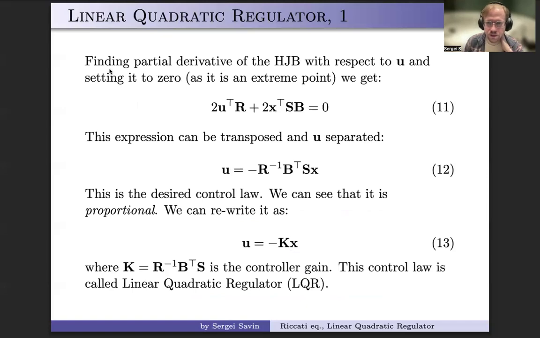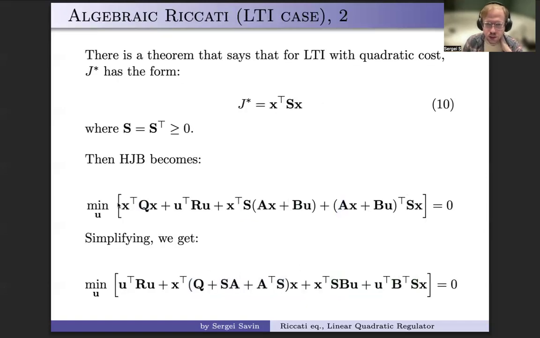Now next, we want to find partial derivatives with respect to u. So how do we do that? Well, partial derivative of this guy with respect to u would be something like 2u transpose r, right?